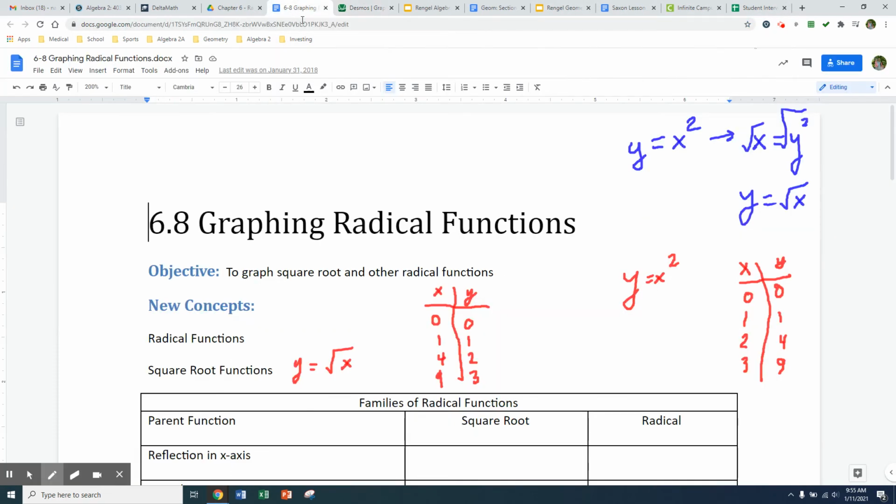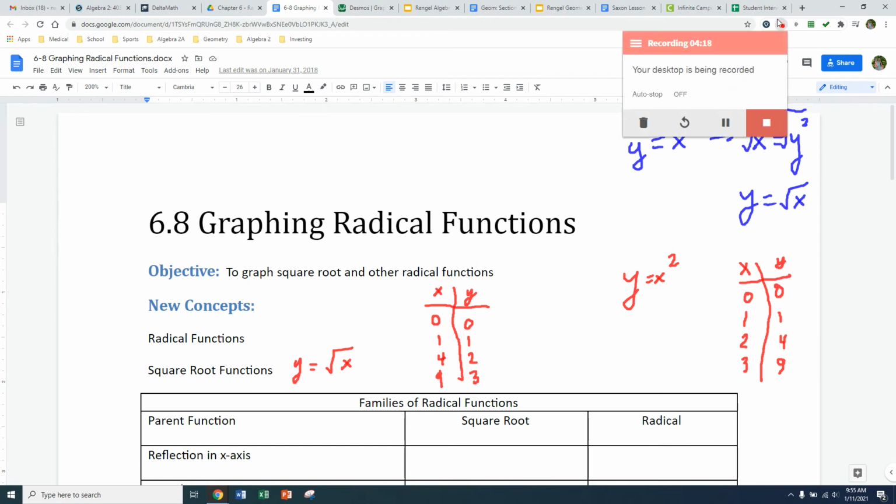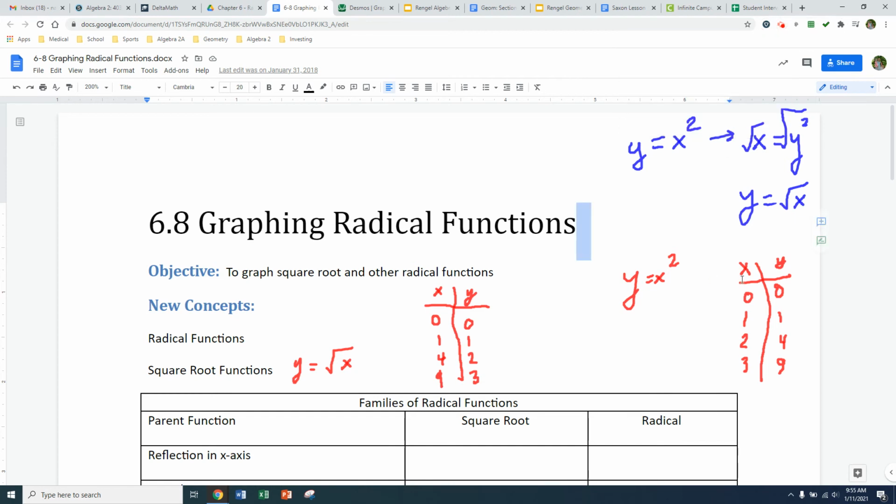Now heading back to our notes, we are doing the inverse of y equals x squared. The inverse of that would be taking the x squared function and flipping the x and the y coordinates.